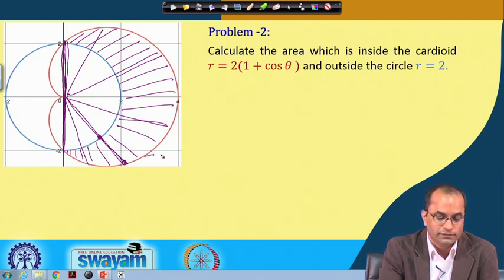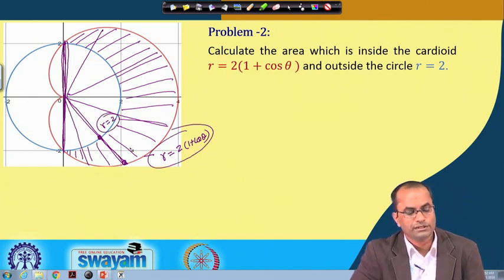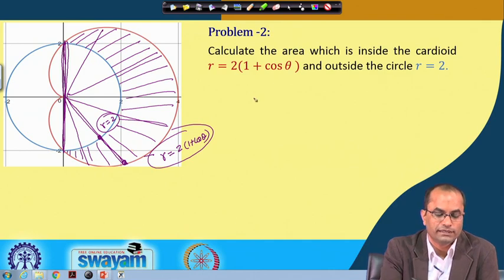So, here is r, this cardioid here is r equals 2 times 1 plus cos theta, and this is r is equal to 2. So, the limits of r will be also easier to evaluate, and for theta as well.